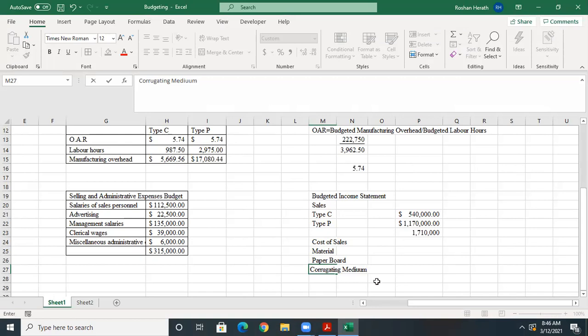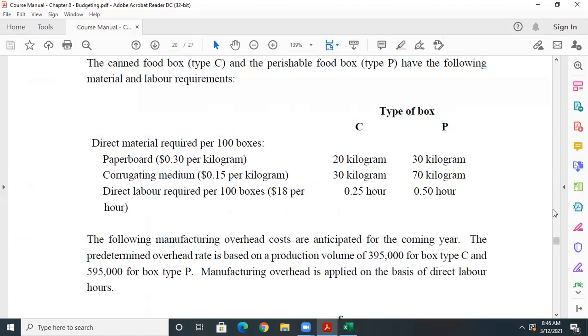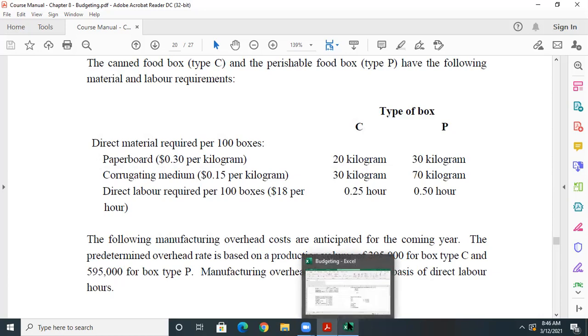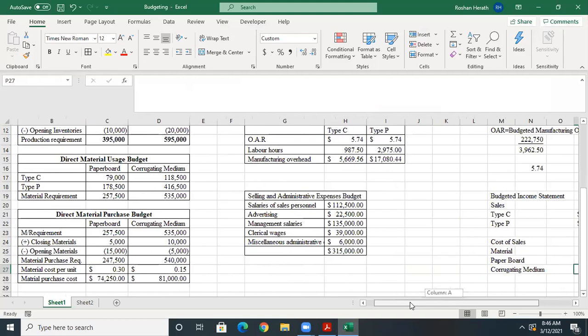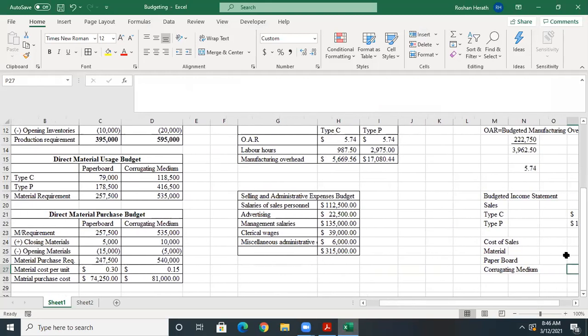Now you need to know what is the consumption. It's a per unit requirement. You can see that per kilogram it takes 30 cents. So then you can simply look at the direct material usage. In fact, we have worked that out earlier.